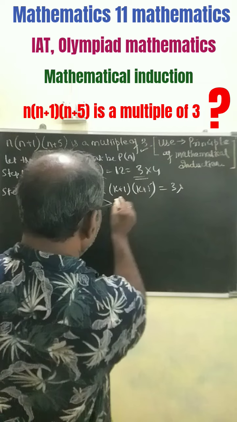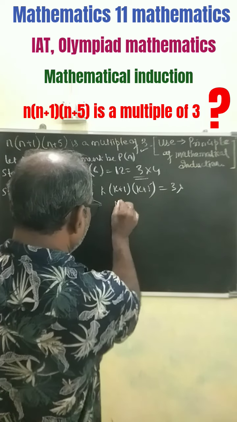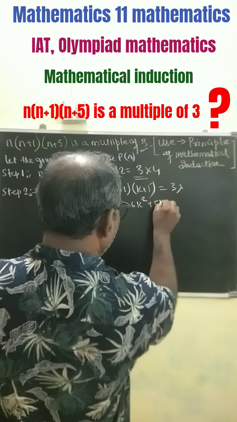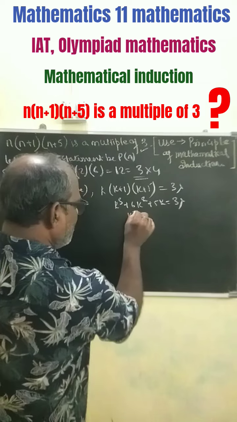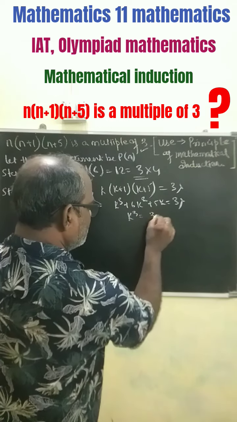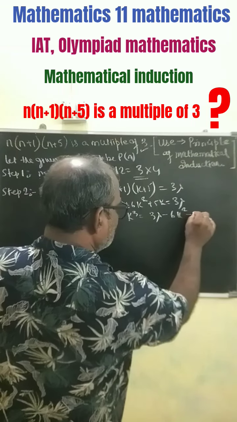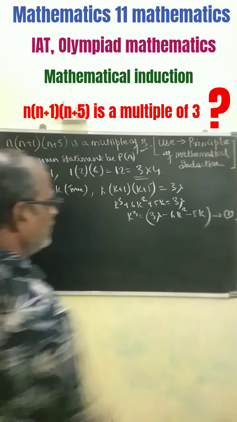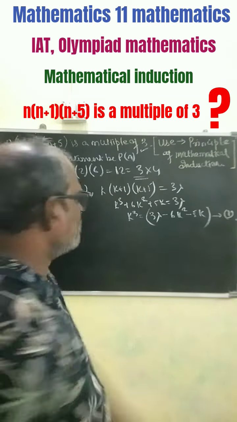So from here we get k cube plus 6k square plus 5k equals to 3 lambda. इस तरह से लिखेंगे. अब यहाँ पर हम k cube equals to 3 lambda minus 6k square minus 5k, कुछ इस तरह से स्टेटमेंट नंबर 1 पे लिखेंगे. So we have taken that granted and let it be true for n equals to k.